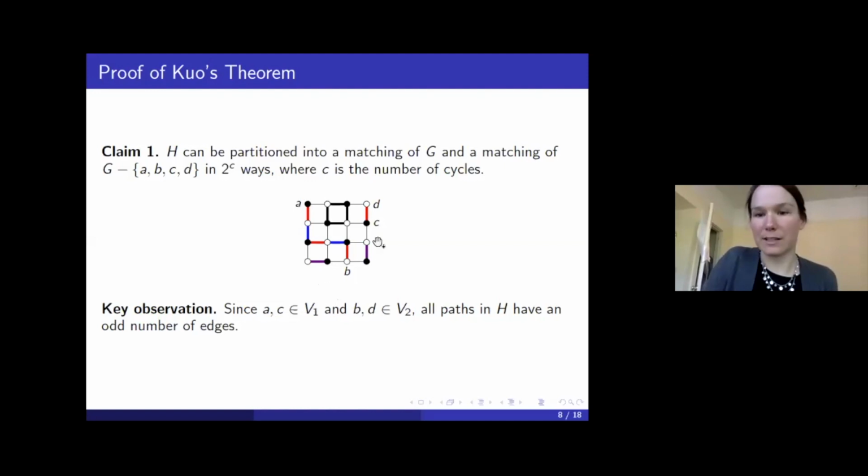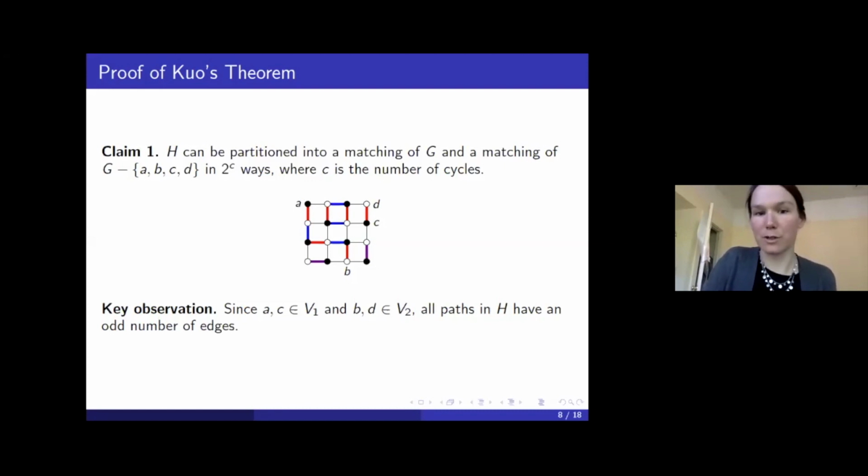And then our doubled edges, we just put 1 edge into each matching, and then finally we have our cycle.